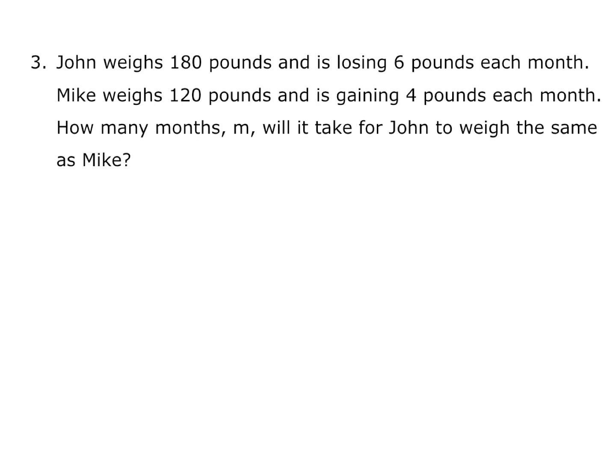Number 3, John weighs 180 pounds and is losing 6 pounds each month. Mike weighs 120 pounds and is gaining 4 pounds each month. How many months in will it take for John to weigh the same as Mike? So in this problem, we want John and his weight to be equal to Mike. John's starting amount is 180, so that's going to be our constant.